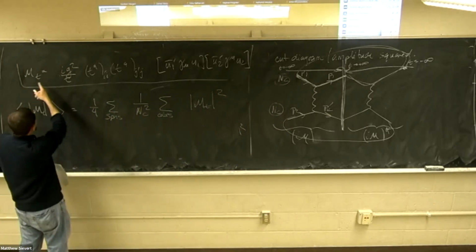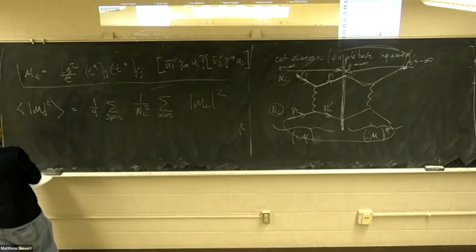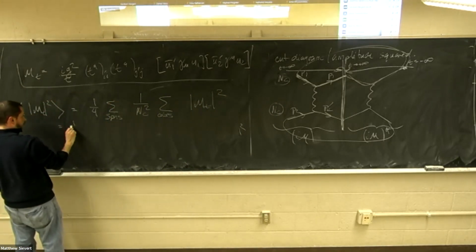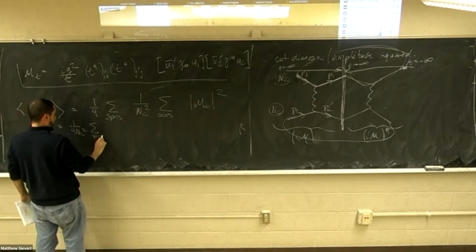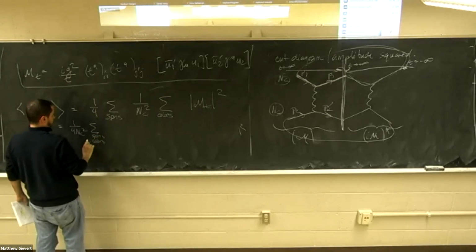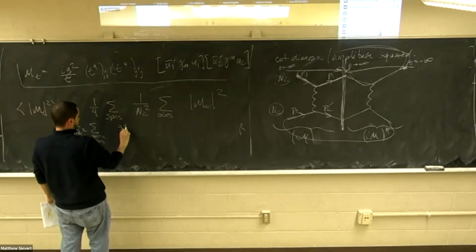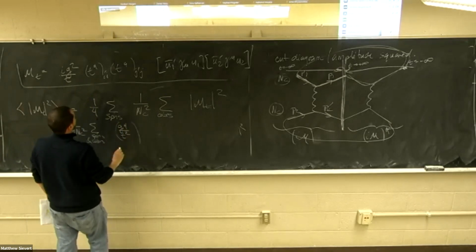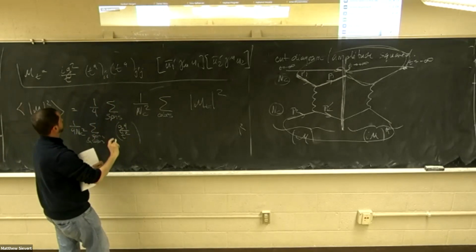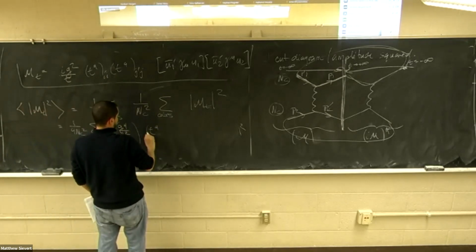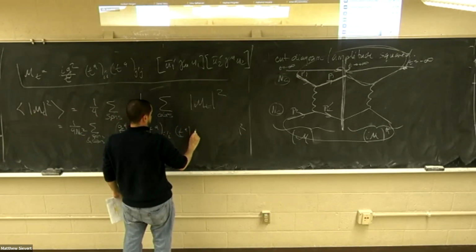So now if I open up that absolute value squared, I have a prefactor of 1/(4NC squared). I'm summing over all spins. I'm summing over all colors. My prefactor from everything gives me g to the 4th over t squared. I have now two products of these color matrices. I have the original T^A_{i'i}, T^A_{j'j}.